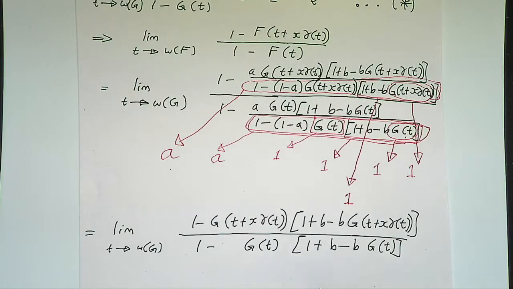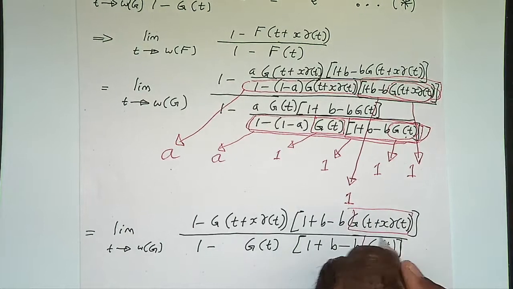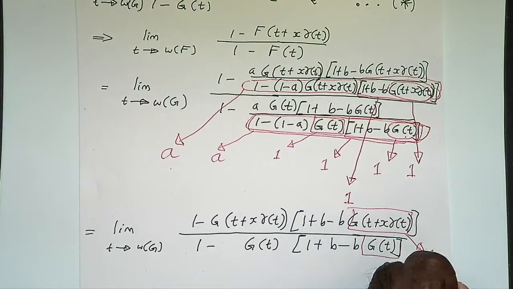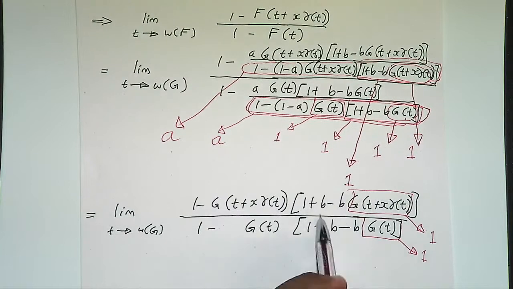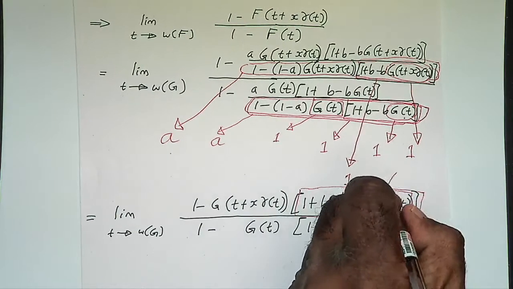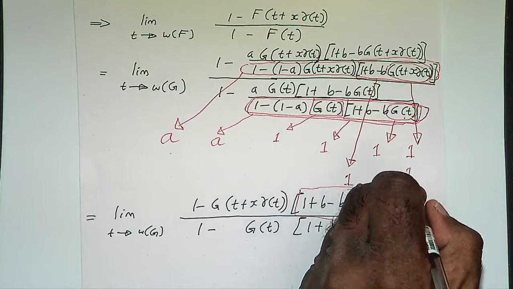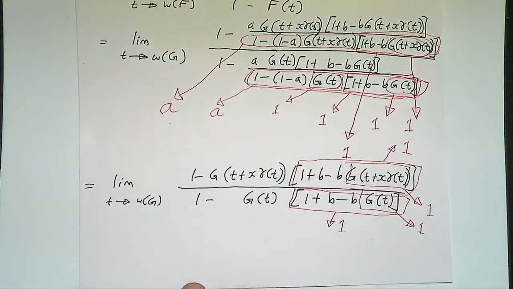Now as t goes to w of g, both of these go to 1, so you have 1 plus b minus b, which is 1, and 1 plus b minus b, so this goes to 1 and this also goes to 1.